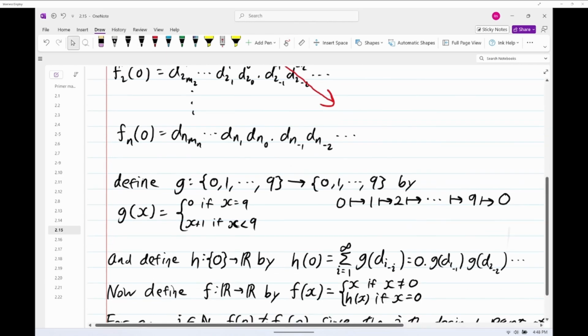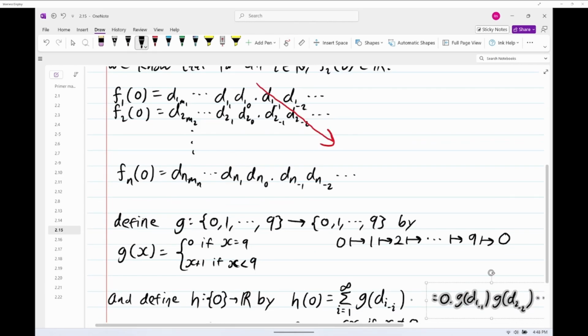I need to put times 10 to the minus i in there. There we go. So this would be 0 point g of d1, then g of this guy right here, and then g of him and him and him all the way down. Okay. I now understand.